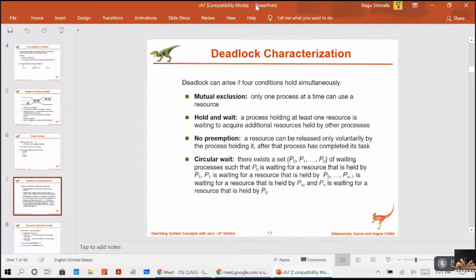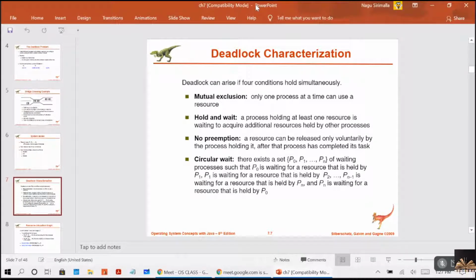Now, deadlock characterization, you can also call it necessary conditions, right? We have 4 necessary conditions of deadlock.